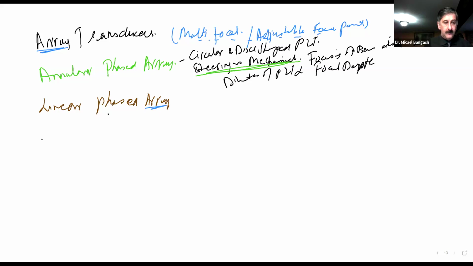Another kind of array transducer is what we'll call a linear sequential array.